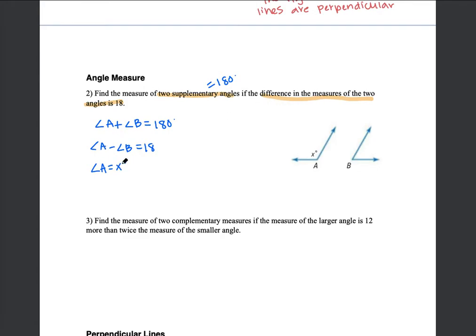Since angle A is equal to x, I can take these two equations that I wrote and substitute in x for angle A. So I can have x plus angle B is equal to 180 degrees. And if I rewrite this one, I can say x minus angle B is equal to 18.